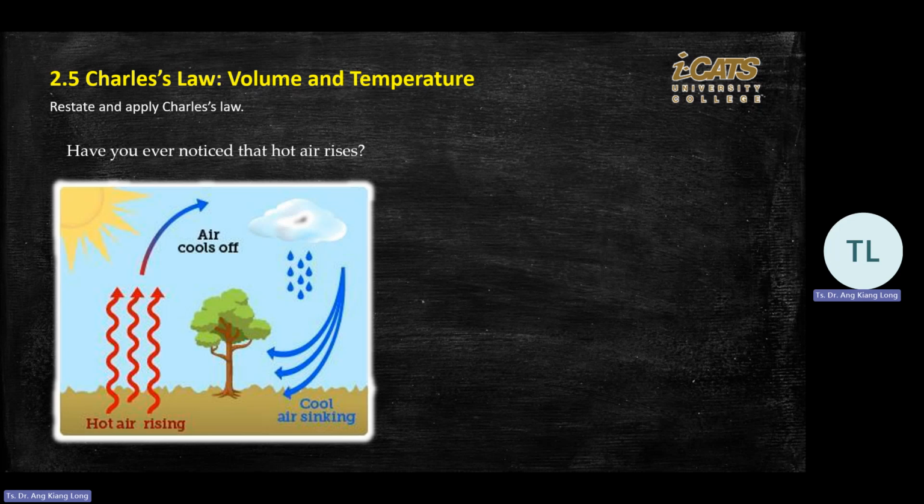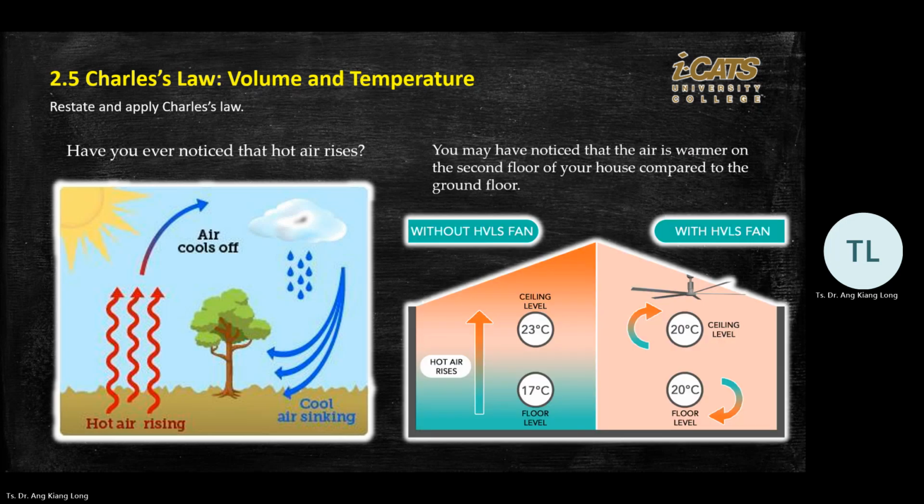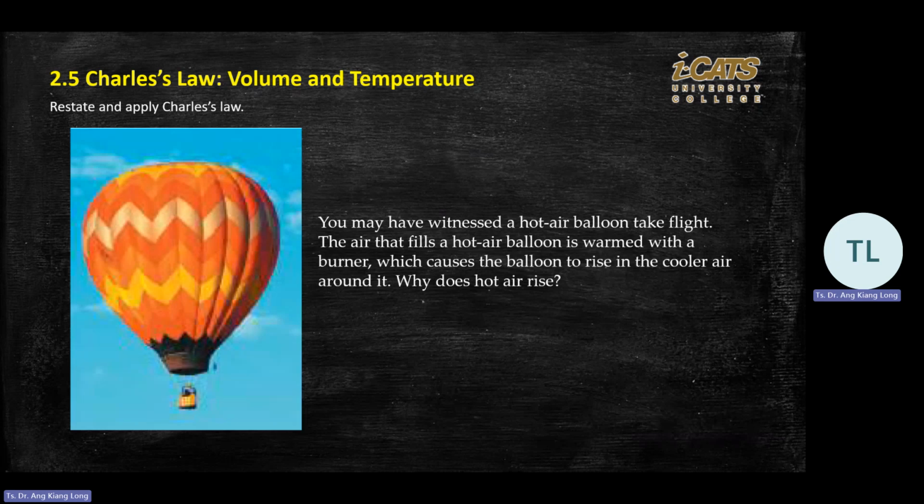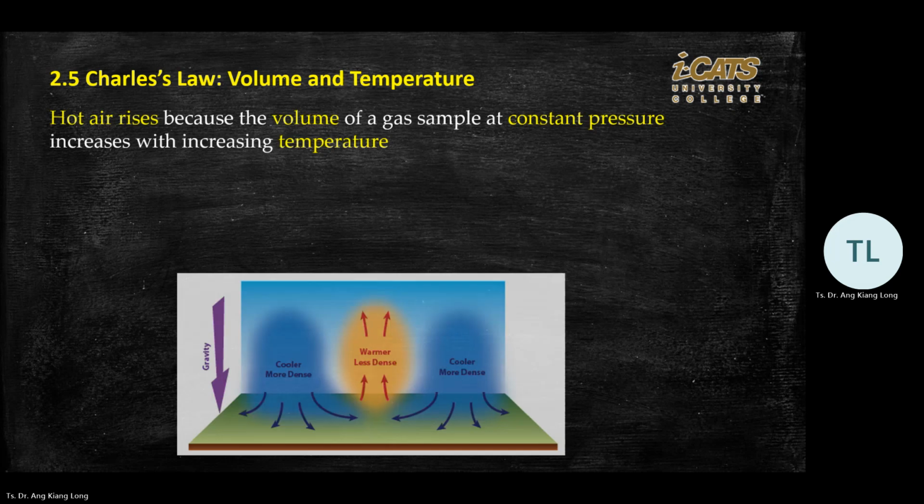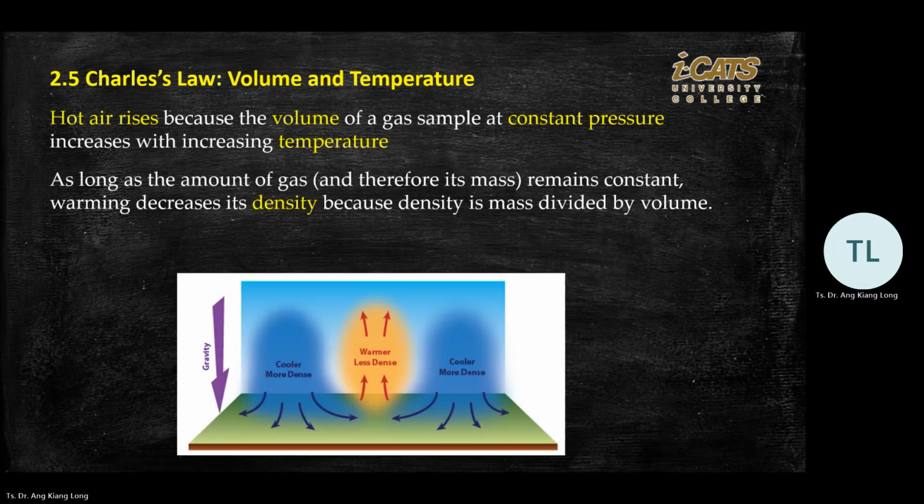You put your aircon in a very high position because cold air will drop. And so on, yeah. So this also explains why a hot balloon can float, and so on.